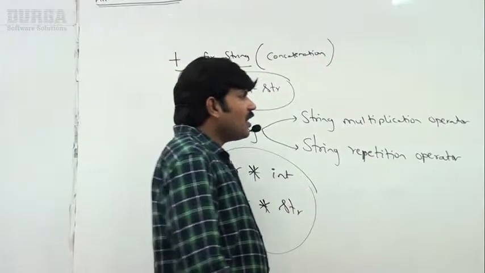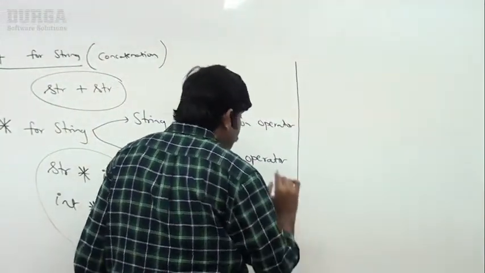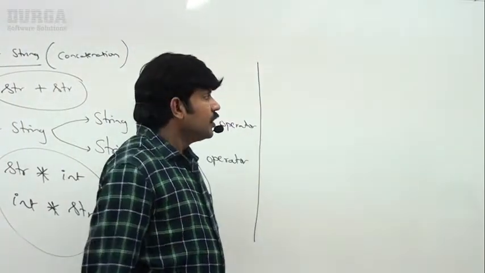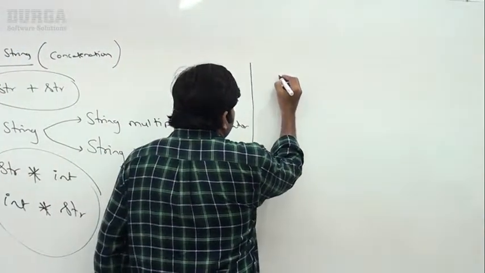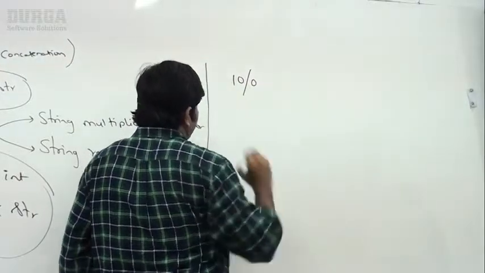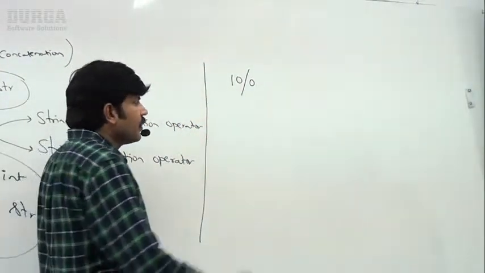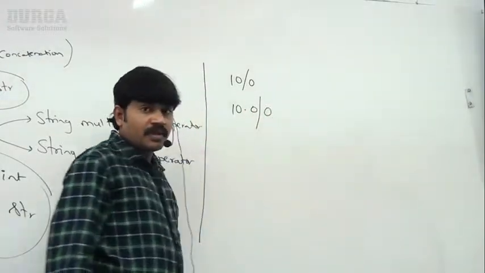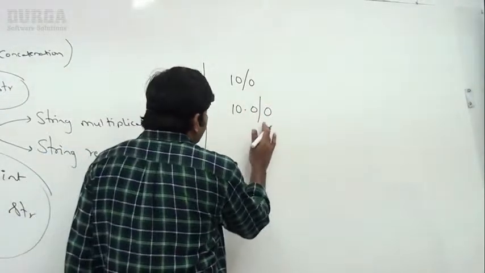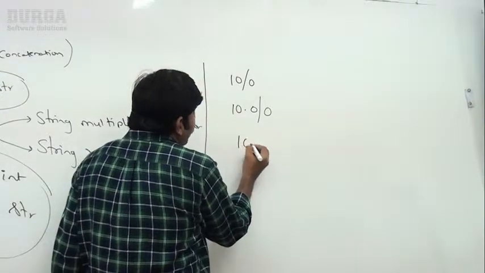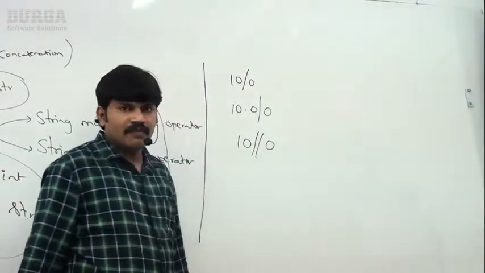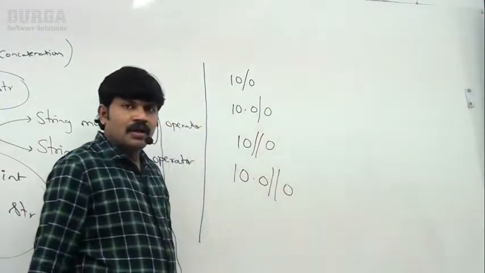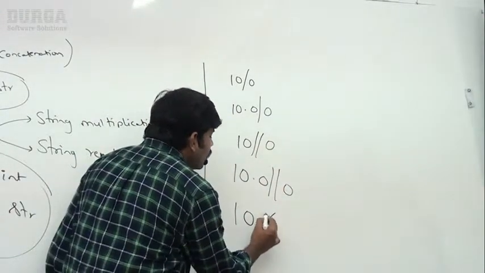Sir, now the last point related to arithmetic operators, right? Take a very special care. If I consider 10 by 0, or 10.0 by 0, or 10 floor division 0, or 10.0 floor division 0, or 10 modulo 0.